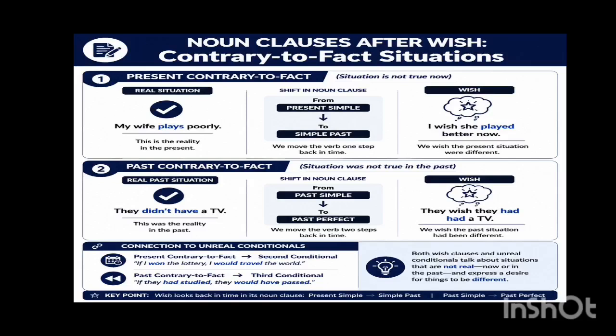And past wishes use the same logic as the third conditional. If they had studied, for example. The key point here is that wish always looks backward in time. To change the present, use the past. To change the past, use the past perfect.